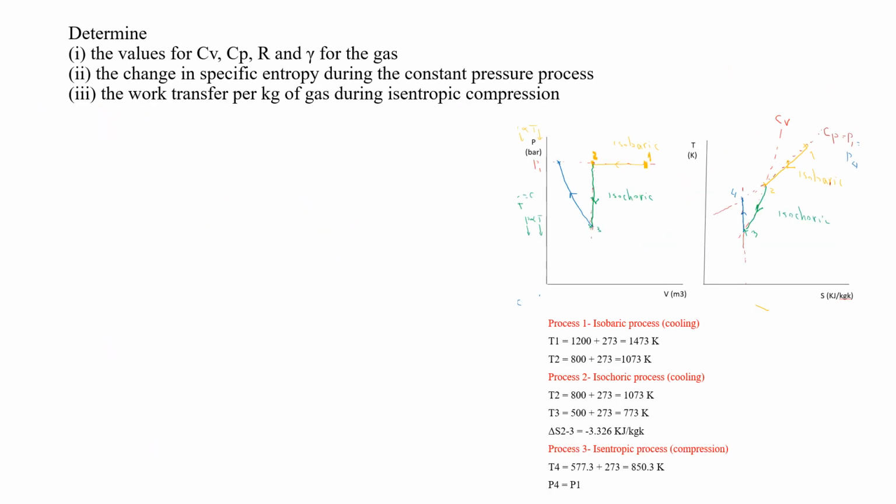So the second part of the question is asking about the value for Cv, Cp, R and gamma. So part B of the question, asking about Cv, Cp, R, and gamma. So we start with Cv.